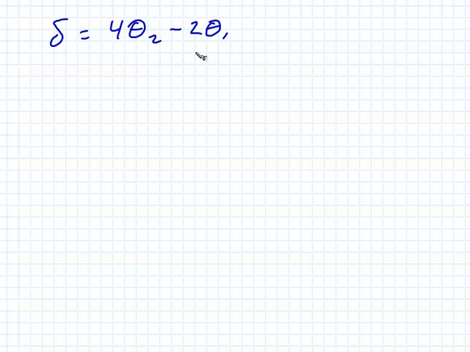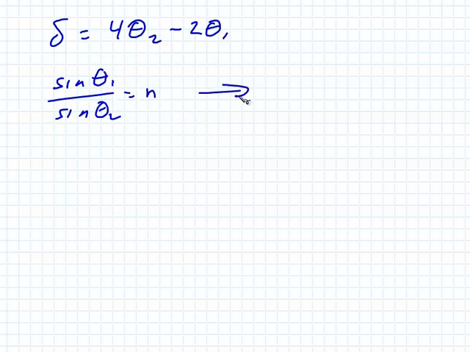So here's delta as a function of theta 1 and theta 2, but we know that sine theta 1 over the sine theta 2 is equal to n from our physics. From this, we can get that the sine of theta 2 is equal to sine theta 1 over n.